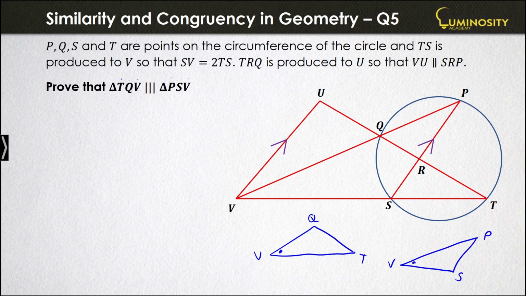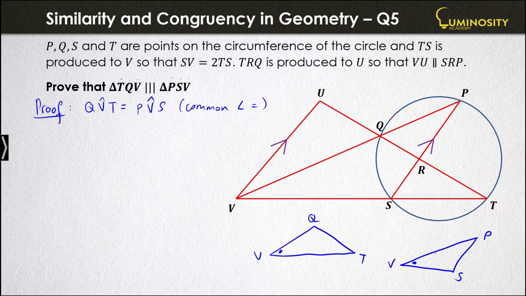So I'm going to say in my proof that angle QVT is equal to angle PVS, because they are a common angle. Common angles are equal to each other. The goal here is then to show that angle P is equal to angle T and angle Q is equal to angle S.